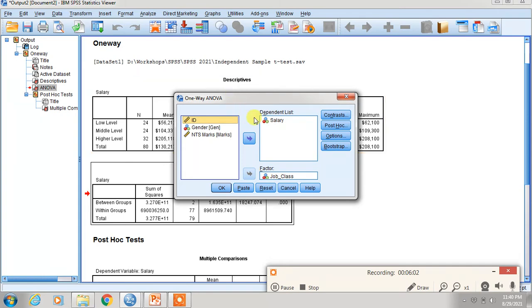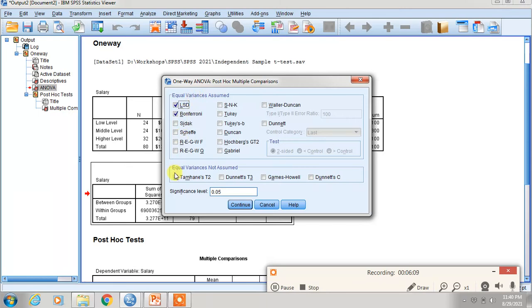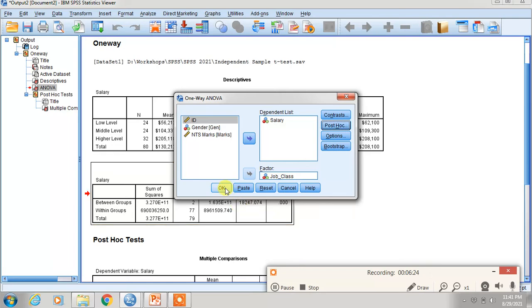Now let me do it again. This time I will consider the post hoc. We have different options. These are the different tests used to find out the difference of the mean among the different groups. You can consider others also. Let me consider the LSD only.